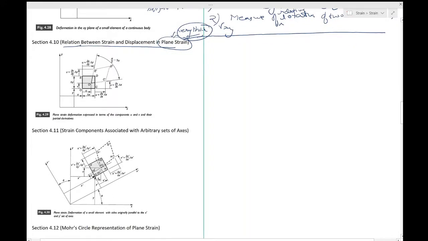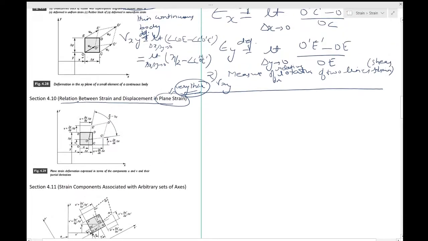So we have already seen what a displacement is and how it looks. Let's say that if we let u be the displacement in the x direction of O in figure 4.28, then the displacement of O will be equal to u i cap plus v j cap.